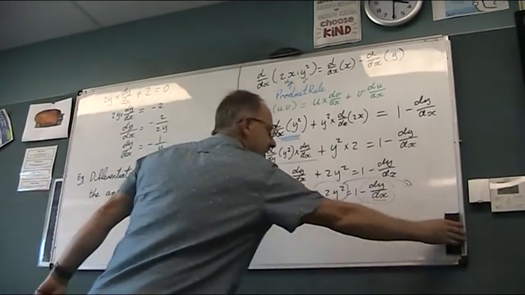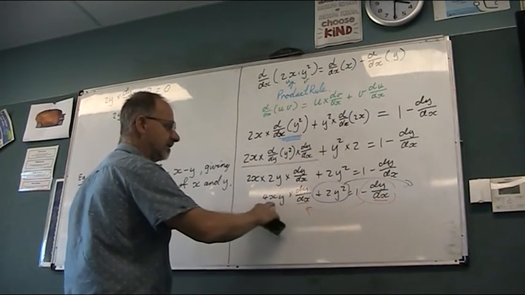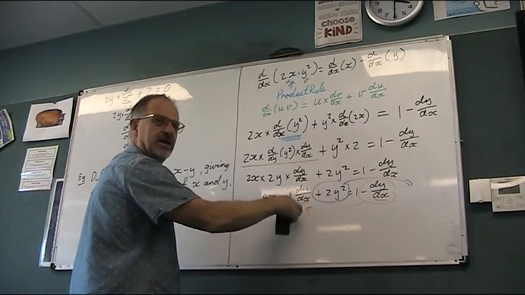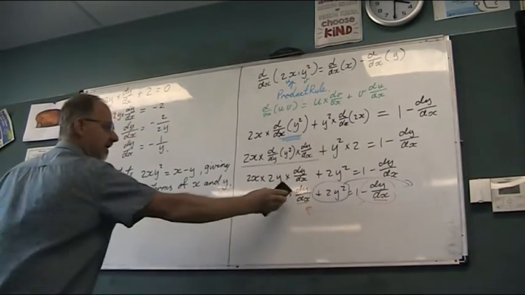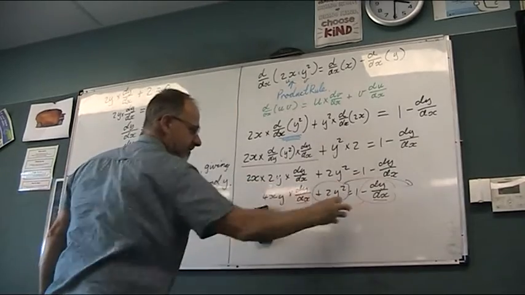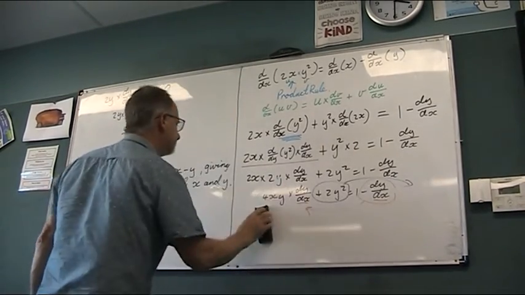Do you take 4xy over as well? Oh, it's already on the left, I'm going to leave that, because that's multiplied by this dy dx. So I'm going to leave that there. Bring this one across, and I'm going to take that one over there and leave this one here.